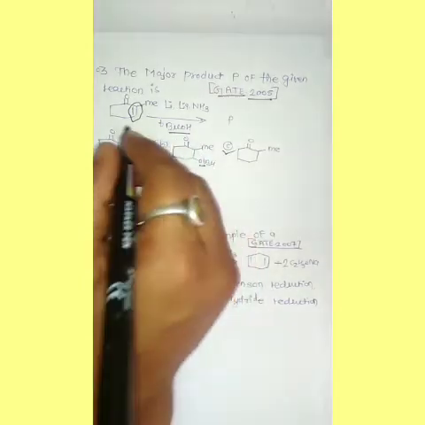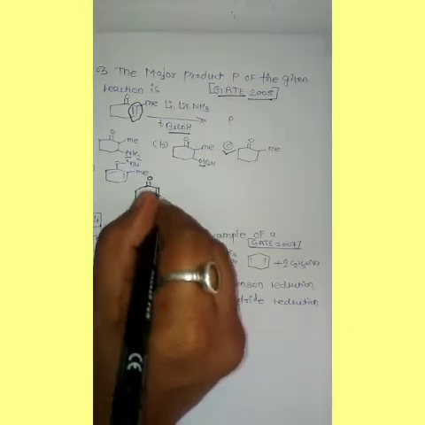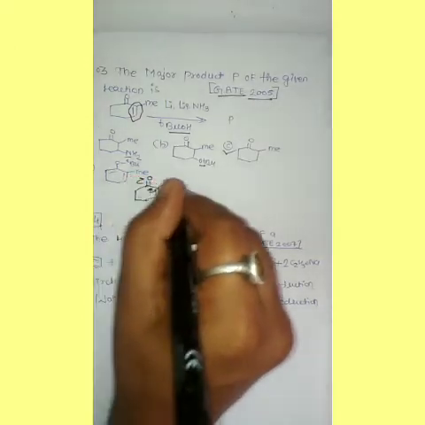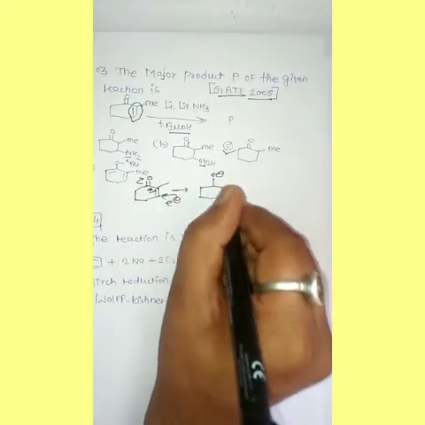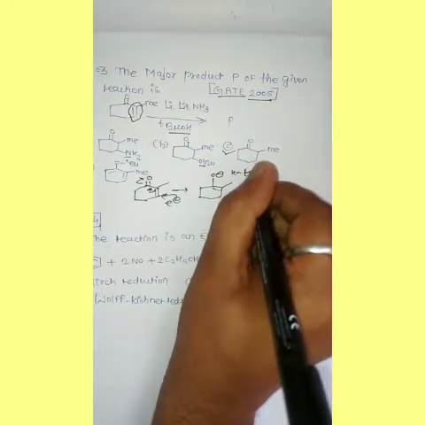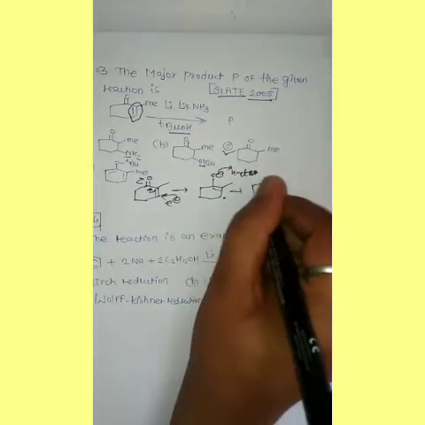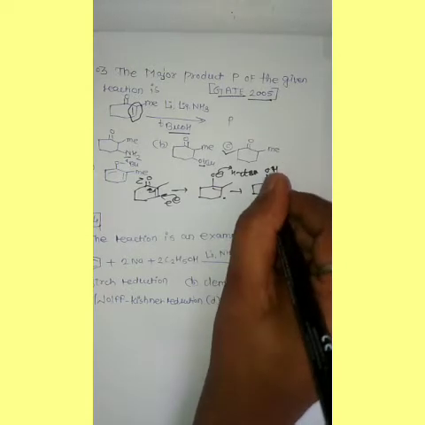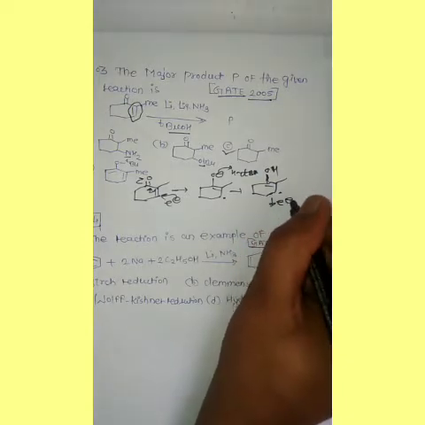So the mechanism is similar to this. Electron transfer happens here. We get the OMe, this electron, this is a bond. It abstracts the proton from the tertiary butanol. We get the radical anion. Again, second electron transfer here.